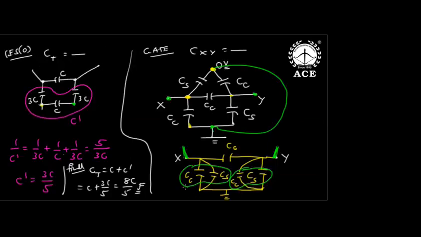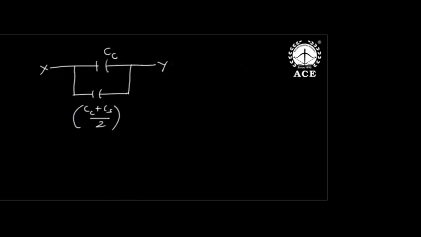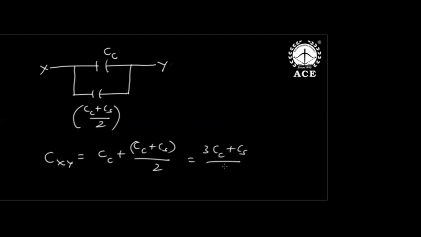So CXY, if you take all in parallel, is CC plus (CC plus CS) by 2. Yes, so the overall answer is (3CC plus CS) by 2 farads. Okay, that is the answer.